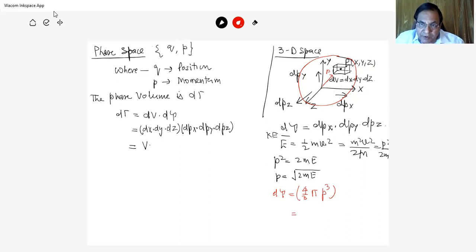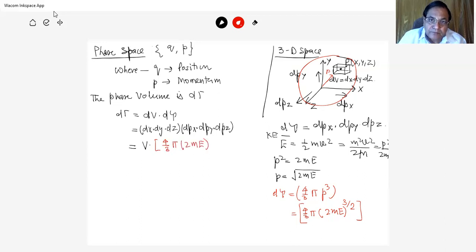What is p cube? 4/3 π, p is (2mE) to the power 3/2. This is the under root of this part. So we can express this value as 4/3 π (2mE)^(3/2). This is your dΓ, which is the volume component in this case.